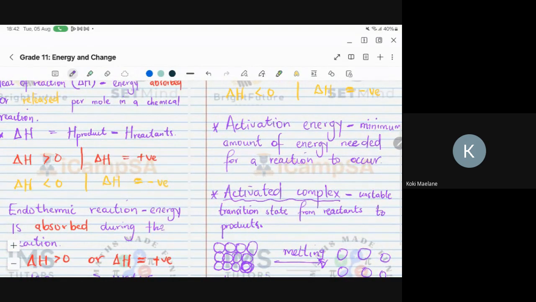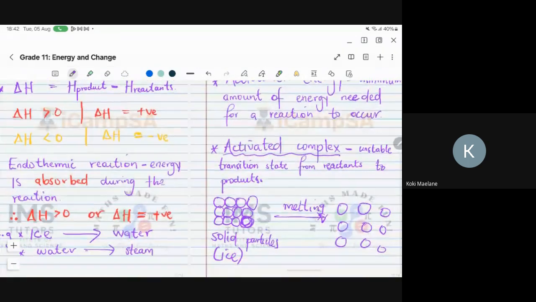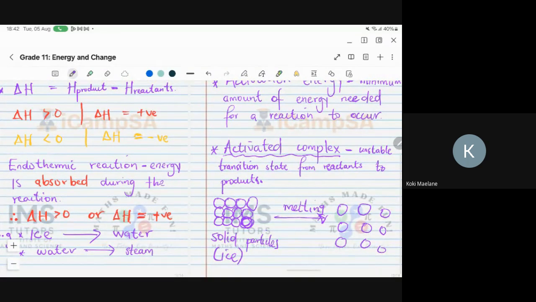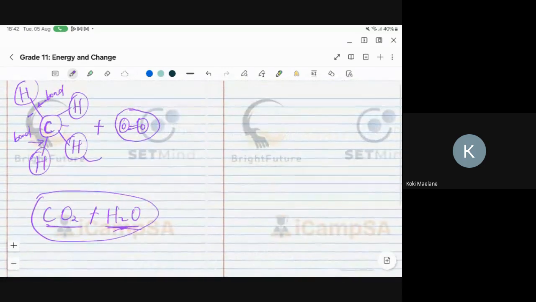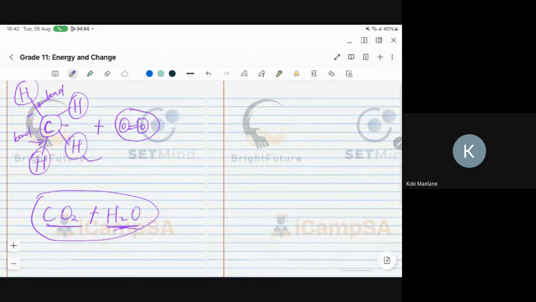So that's basically what it means, because now the reactants are transitioning from being reactants to being products. For them to transition, bonds must be broken. The old bonds must be broken, which are the old C to H bonds in this case for methane, and O to O bonds for oxygen.